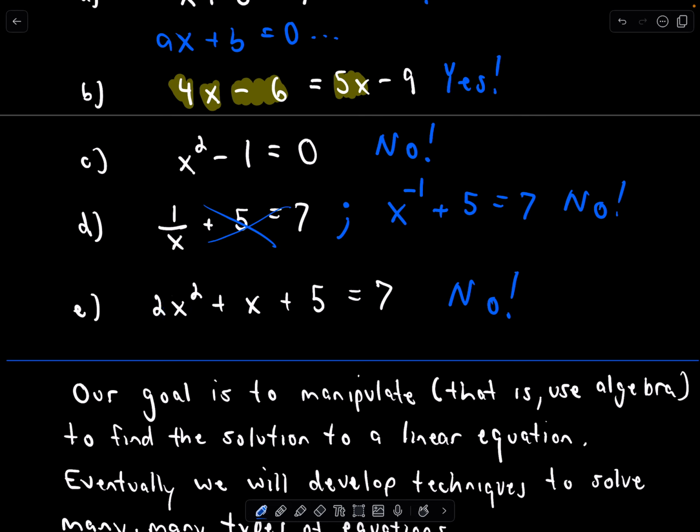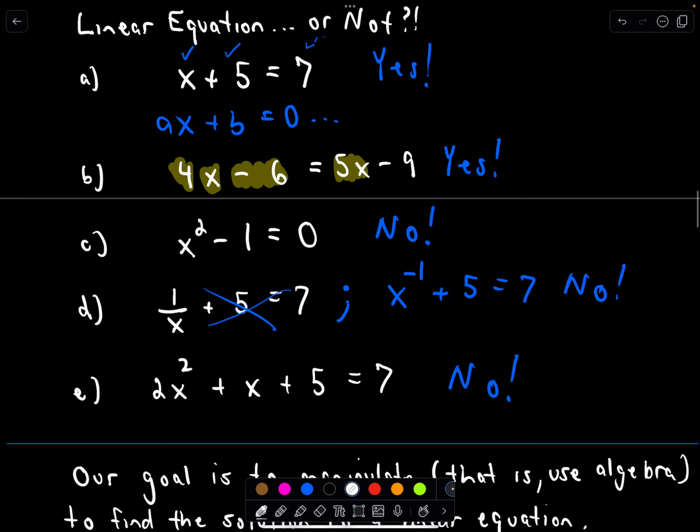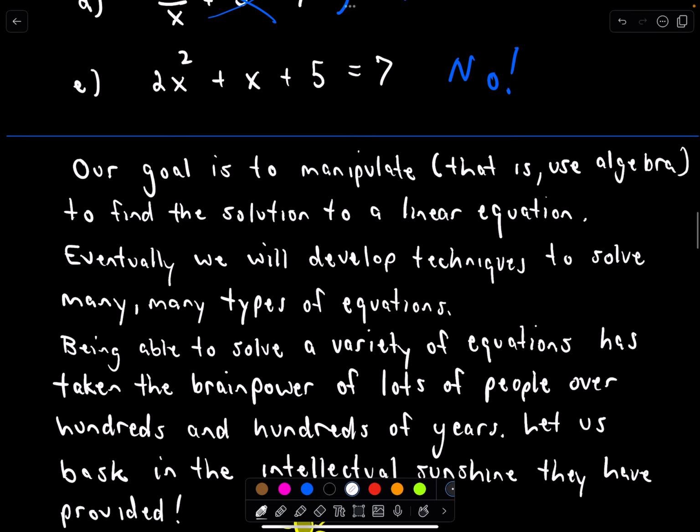This exponent could be a 1/2, 2x to the 1/2. That would not be linear because it's just not x to the first power only. That's what you're looking for. So just be careful about those. So the first couple we had, yes, those are linear. The last few are not linear.